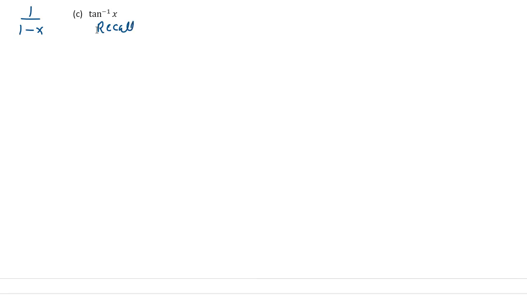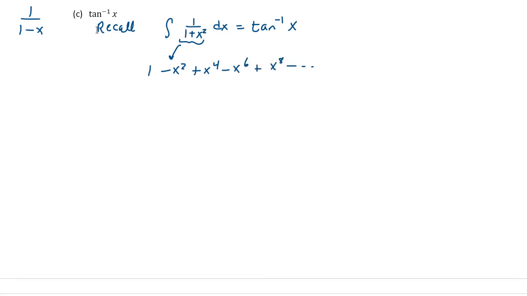Recall that the integral of 1 over 1 plus x squared dx is the arctangent. And we've already found this guy in an earlier example. He's 1 minus x squared plus x to the fourth minus x to the sixth plus x to the eighth minus and so on.